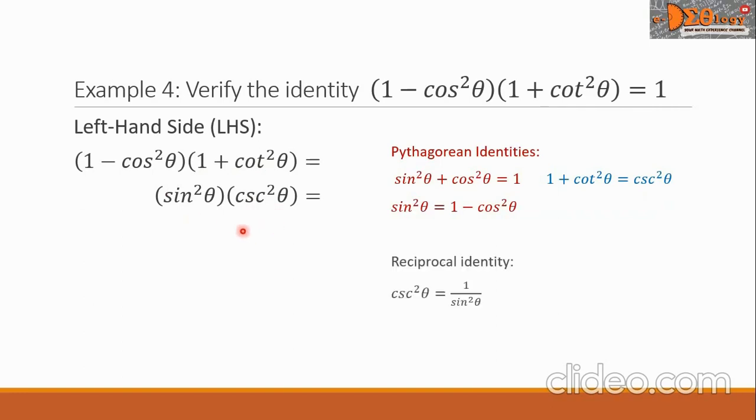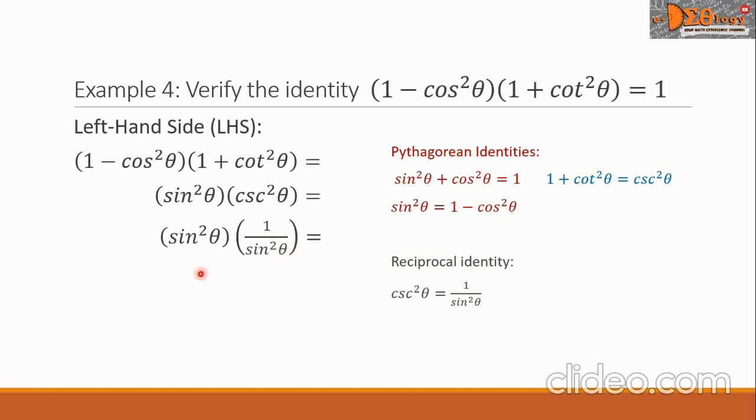Let us remember one reciprocal identity that says cosecant square theta equals 1 over sine square theta. So this cosecant square theta can be replaced by 1 over sine square theta. So here it is now. The sine square theta is here times 1 over sine square theta.